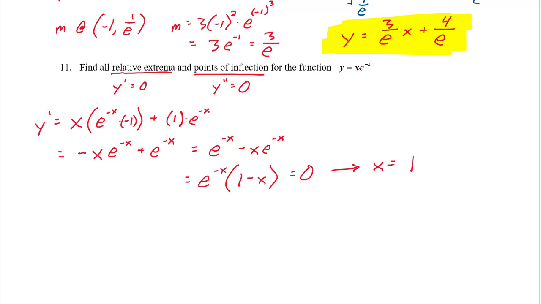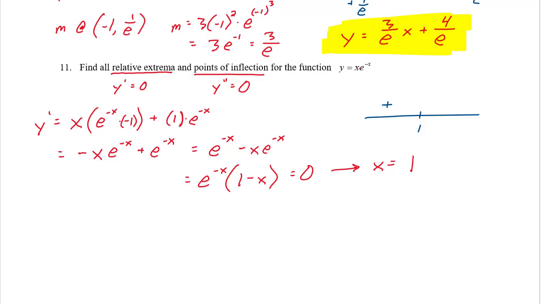So there's my critical number for my first derivative, and we could go through and actually just figure out on a sign line what we end up having. So let's see, if I plug into this e to the negative x times 1 minus x, if I plug in something like 0, I'd have an e to the 0, which is 1, times 1, which comes back positive, so that's going to be increasing going into 1.